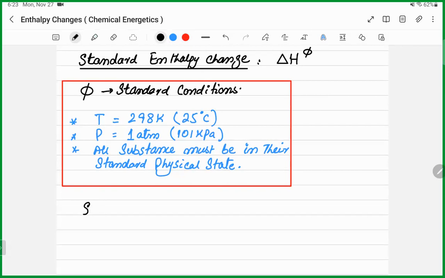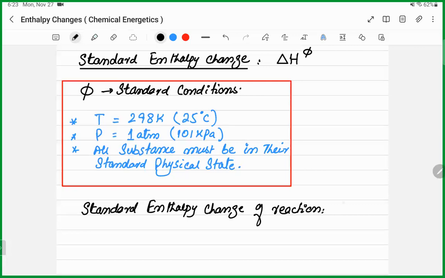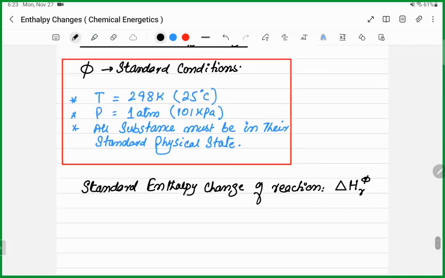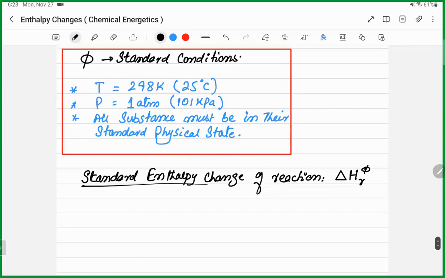The first definition is standard enthalpy change of reaction. It is represented by delta H standard sign and R is for reaction. So this is the first definition, delta HR.